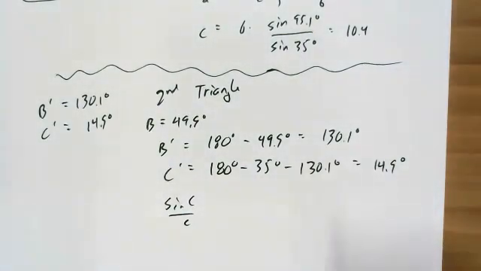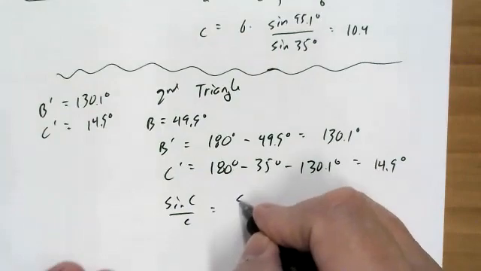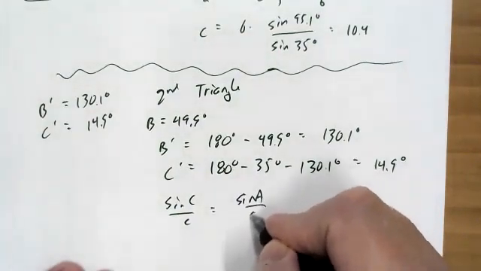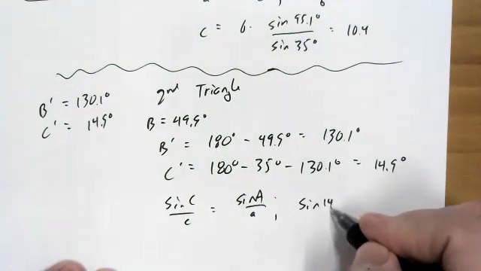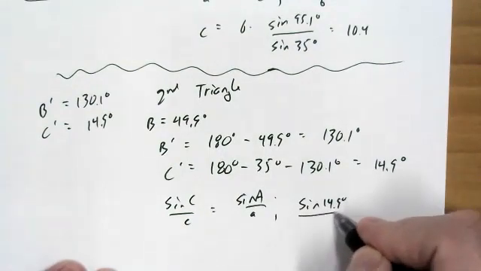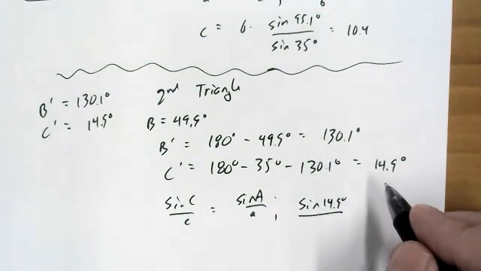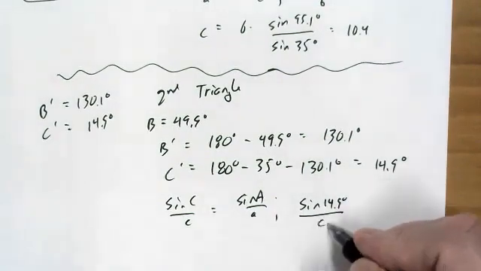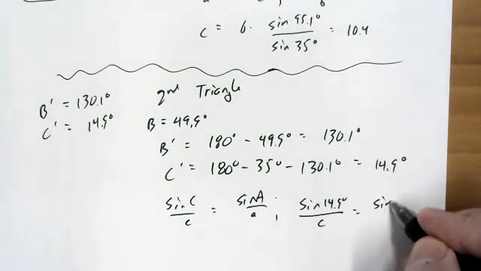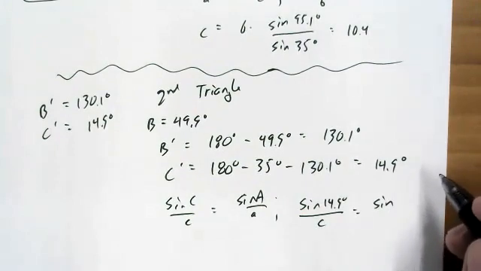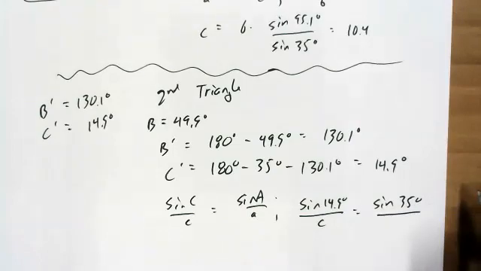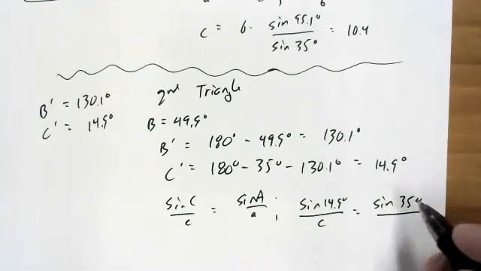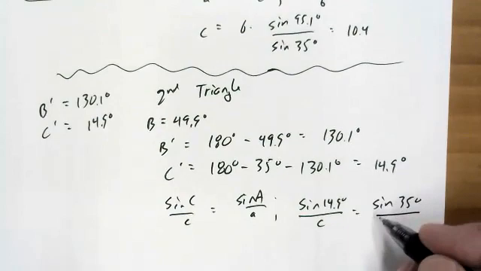Now I need to get side C. The sine of C over C, sine of A over A. Sine of 14.9 degrees over C equals the sine of 35 degrees over A, which is 6.